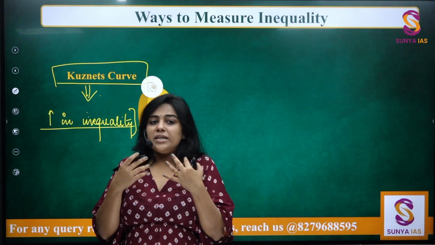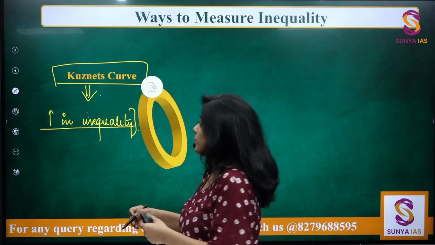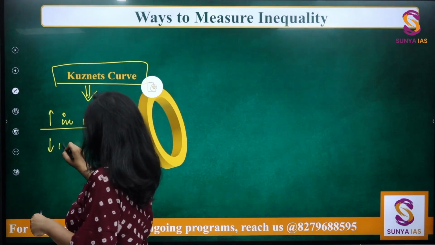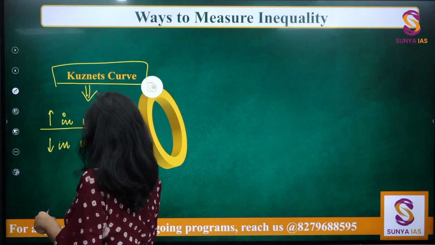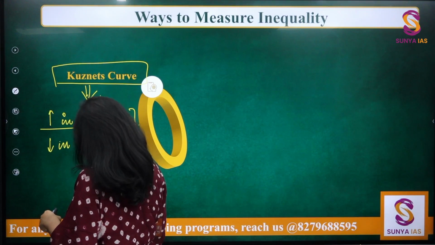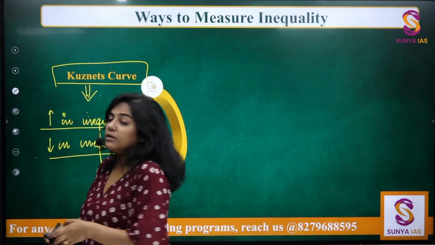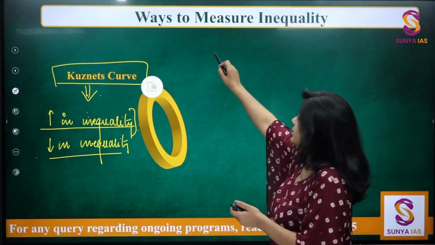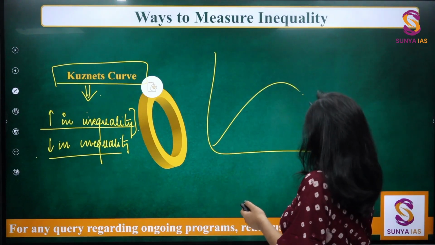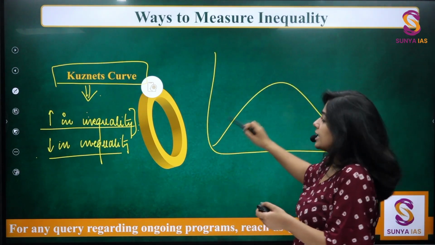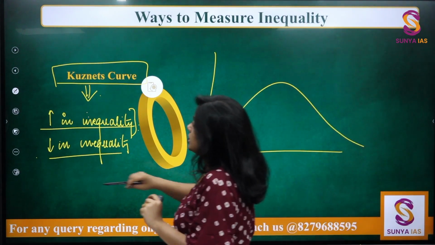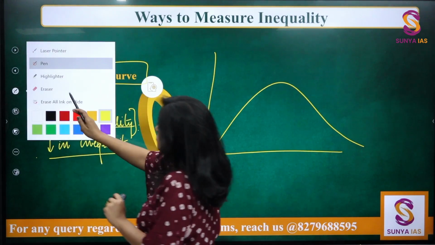The industrious people will first earn more money, then it will come to a plateau, and then there will be a reduction in inequality. So in a developing economy, as the GDP increases, first there will be an increase in inequality and then a decrease. So it will go somewhat like this, if this represents wealth inequality, right? This is the Kuznets curve.